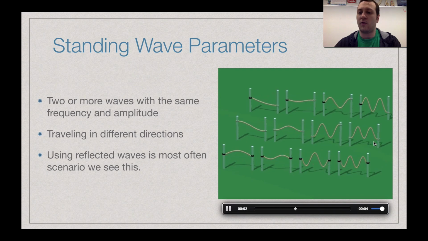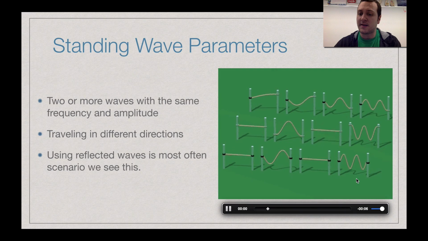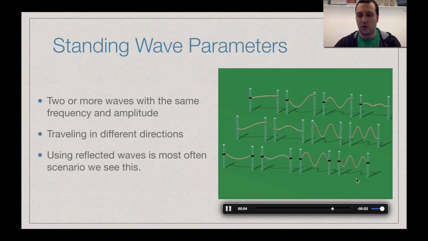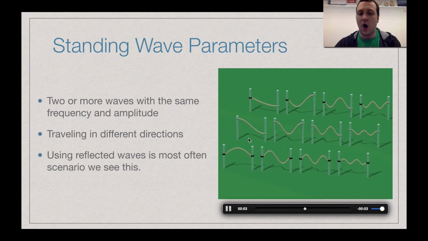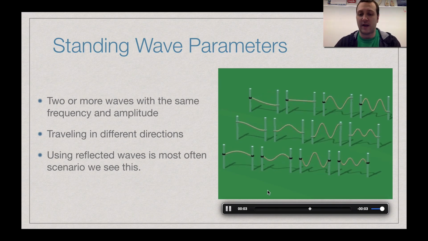The ones in the far right, which appear to be moving faster, are not. They have a higher frequency, which is then associated with a shorter wavelength. So as you work across the rows, all of those are moving at the same speed. They just each have a different frequency and a different wavelength.